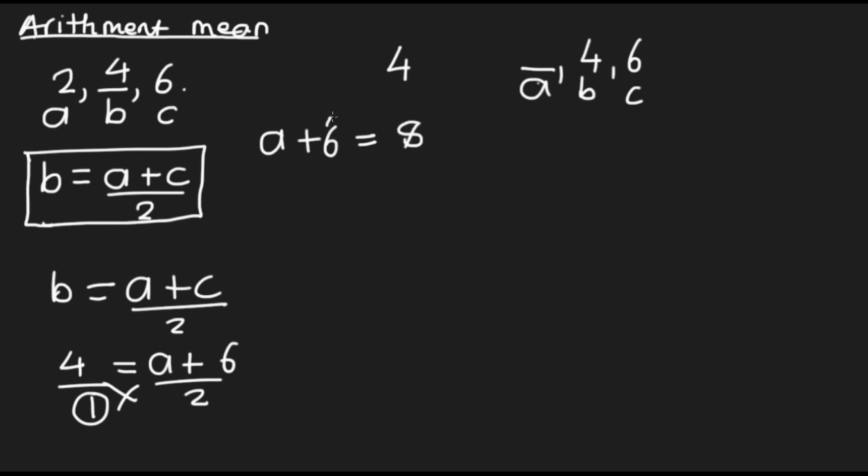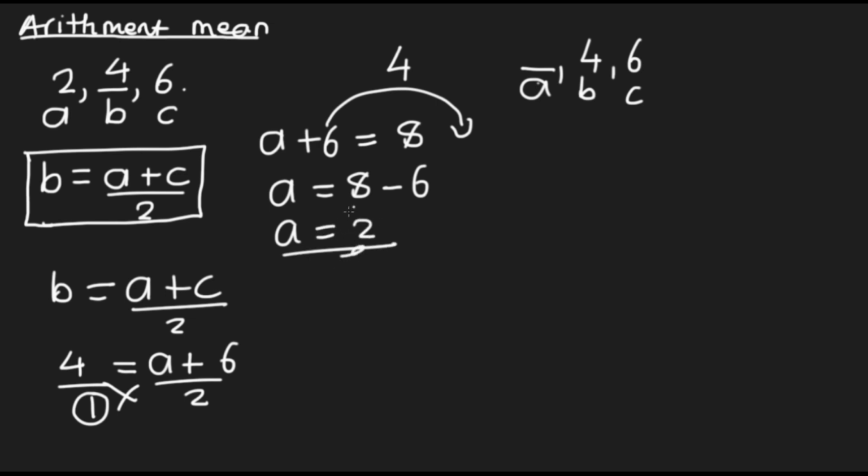Then if we shift our positive 6 to the right side, we are going to get 8 minus 6, which is 2, the first value. My point is, you can use this formula to find B, A, or C. It depends on the need of the question.